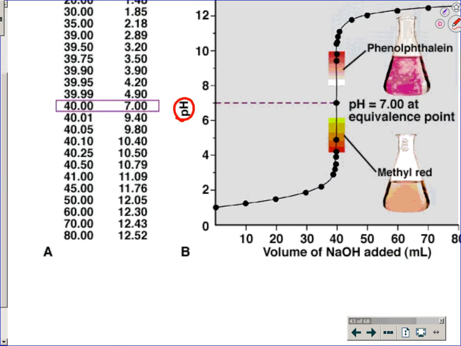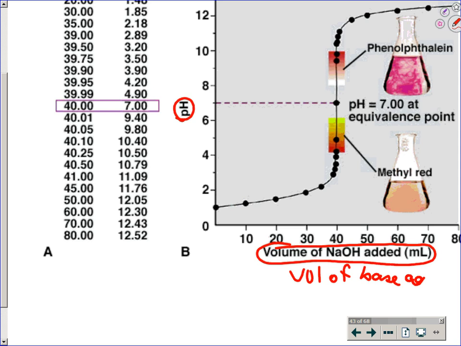No. Okay, so you're putting pH on the y-axis. You're putting volume of base added on the x-axis. I'm using sodium hydroxide, but you can just say volume of base added. And generally that's in milliliters.